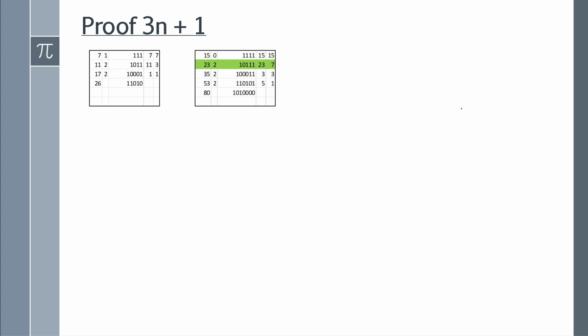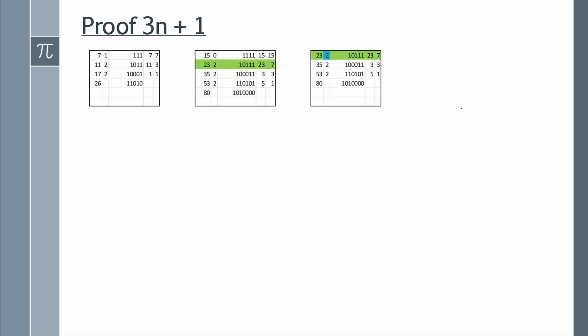And as long as the 1 mod 3 number is a 2, then you're going to be able to add another odd number on the top side and keep going. So, right, our next number is 23.